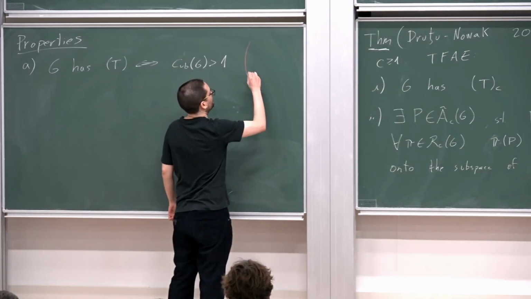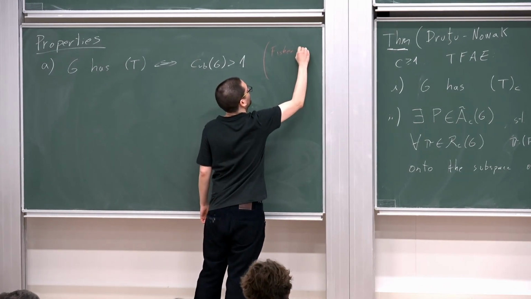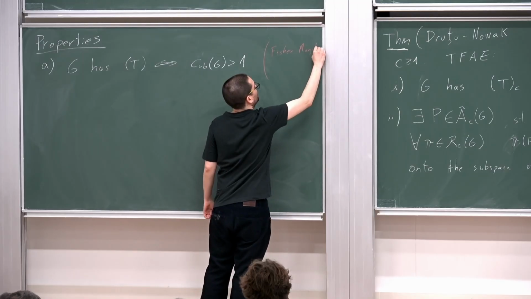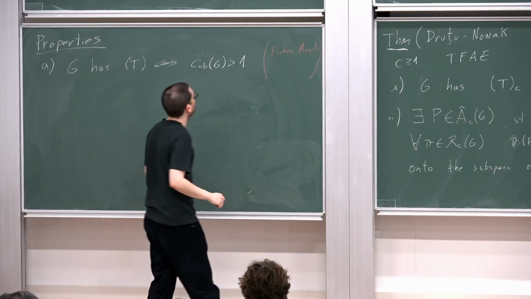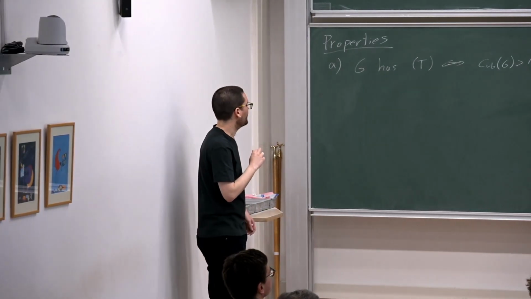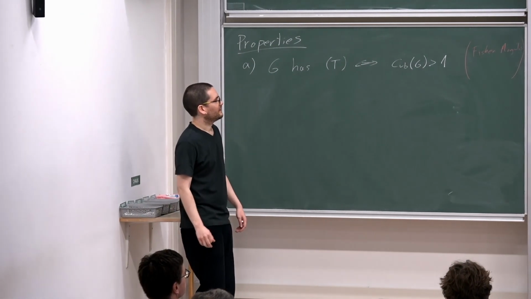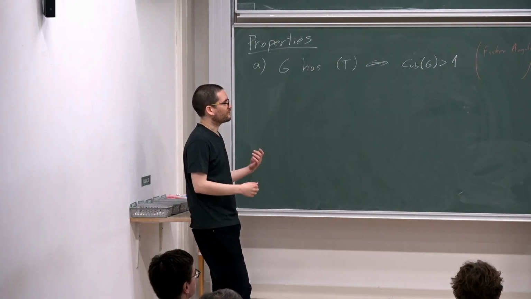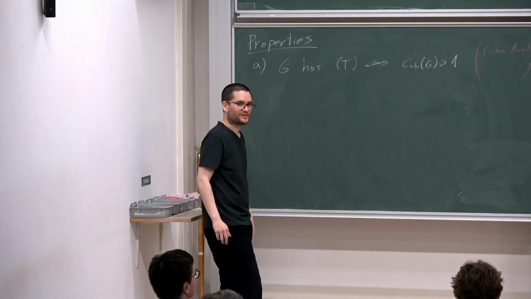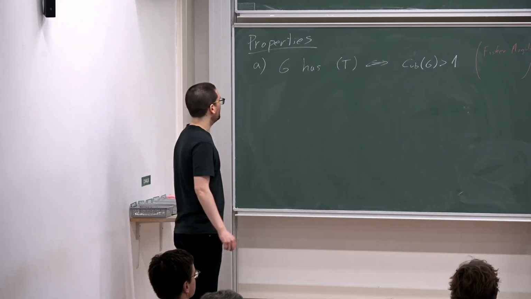This is essentially a result by Fisher and Margulis, where they show that a Kazhdan group has the fixed point property for 1 plus epsilon Lipschitz actions on Hilbert spaces for epsilon sufficiently small.